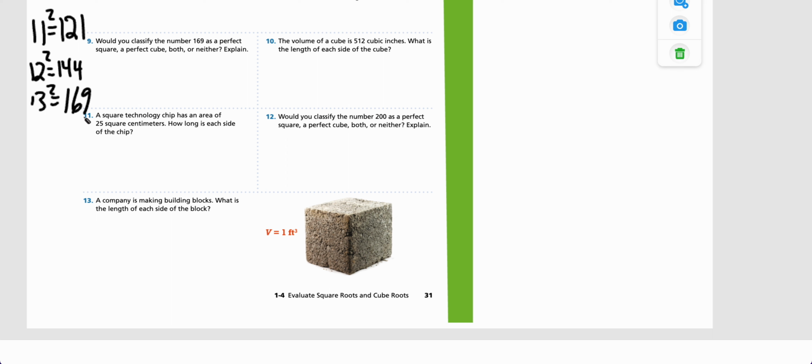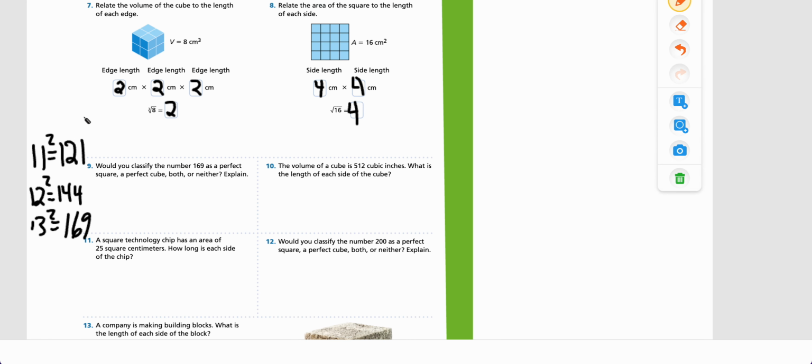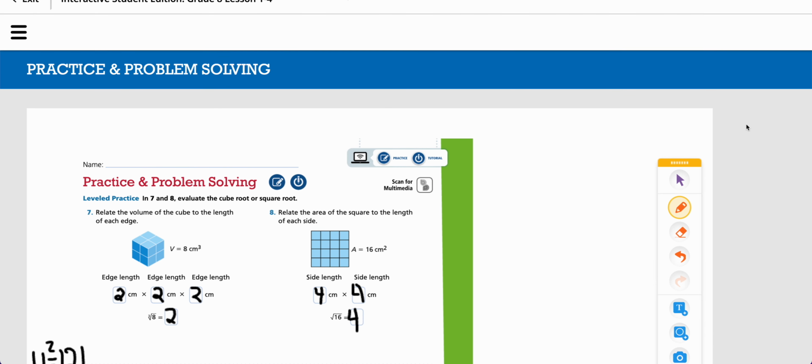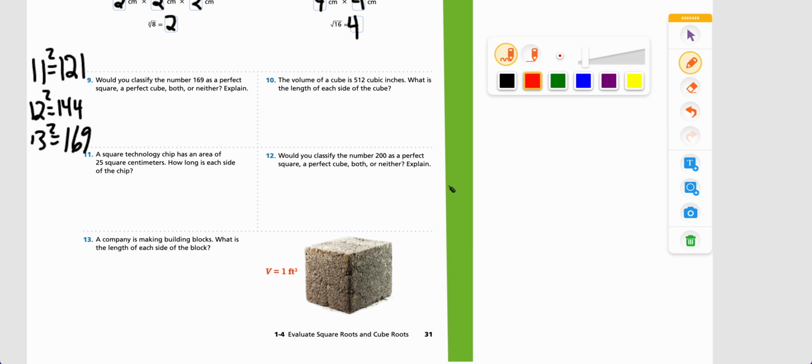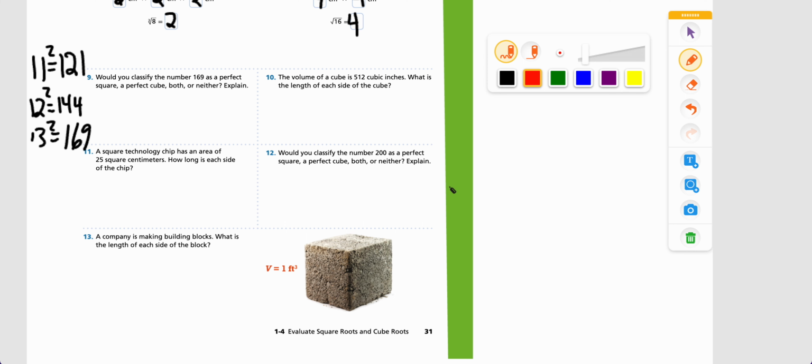And then we need to think about cubed numbers. Okay, I'm going to get back up where I can change my pen color. Green. Okay, so let's think about cubed numbers. We already know that 4 cubed was 64.